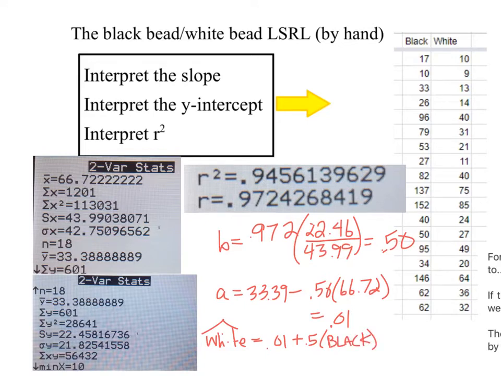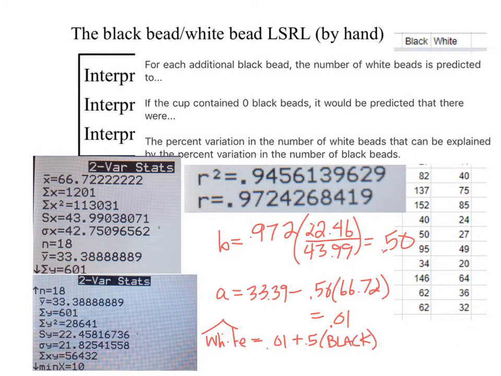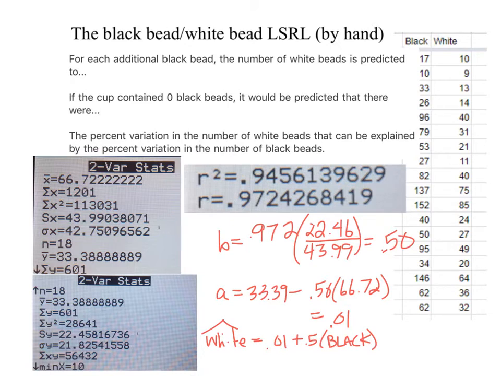Okay? So let me drag in, because I said interpret the slope, interpret the y-intercept. Let me just drag those in here. So the slope: for each additional black bead, the number of white beads is predicted to increase by 0.5. If the cup contains 0 black beads, it would be predicted that there were, well, apparently 0.0 white beads.